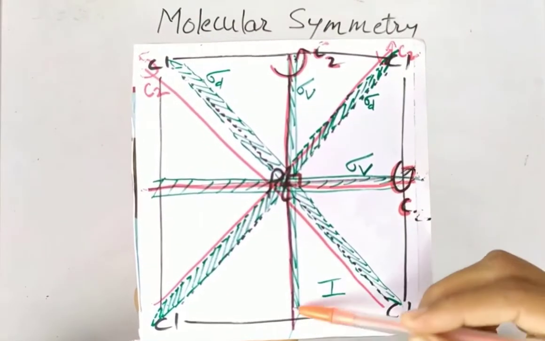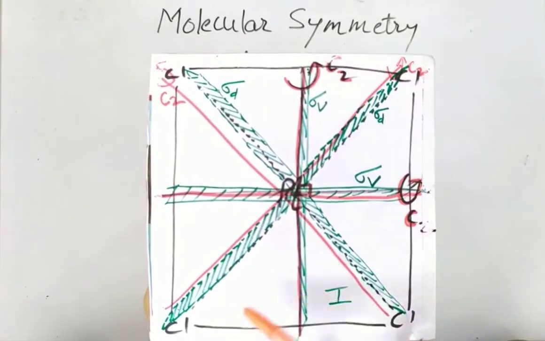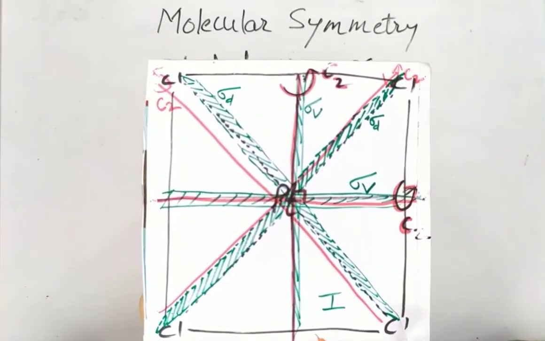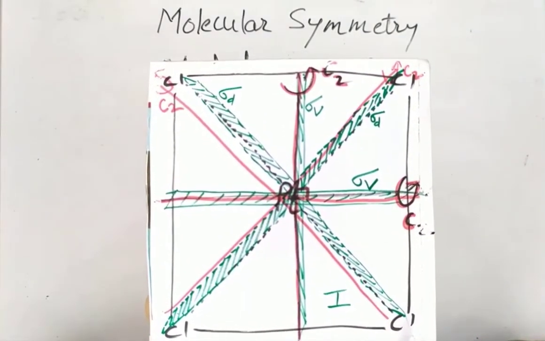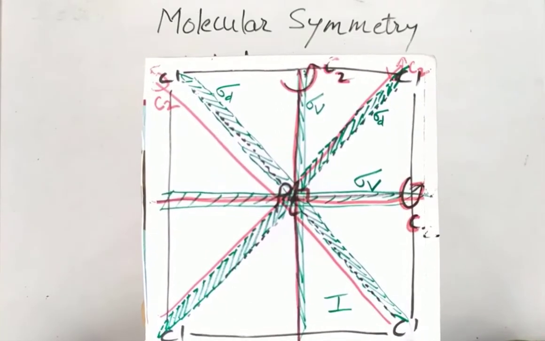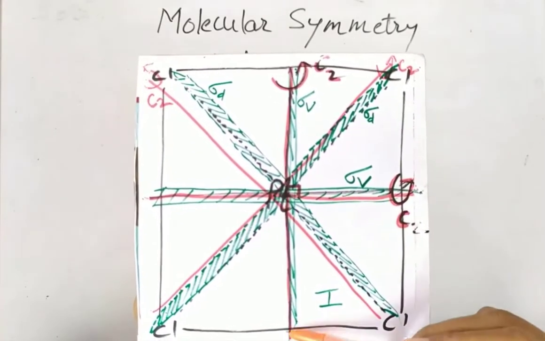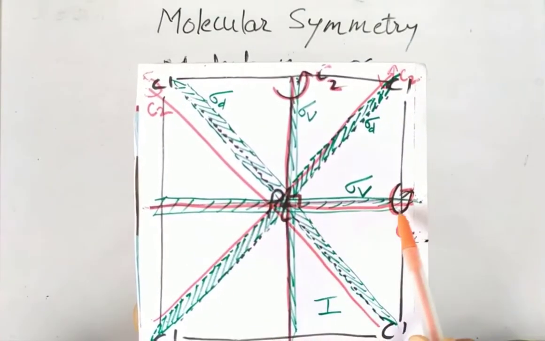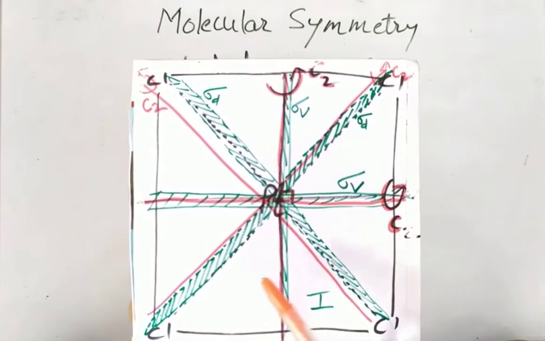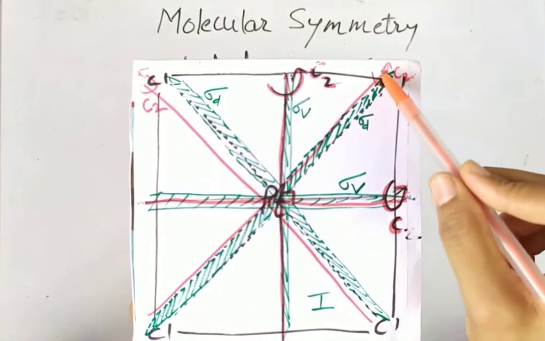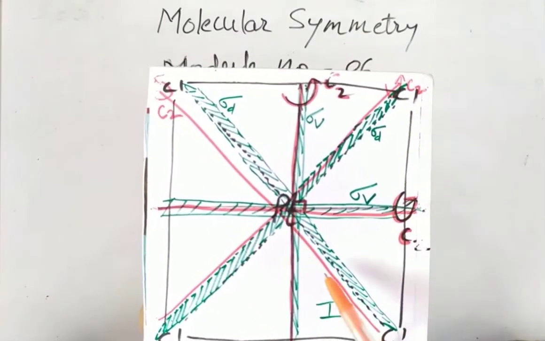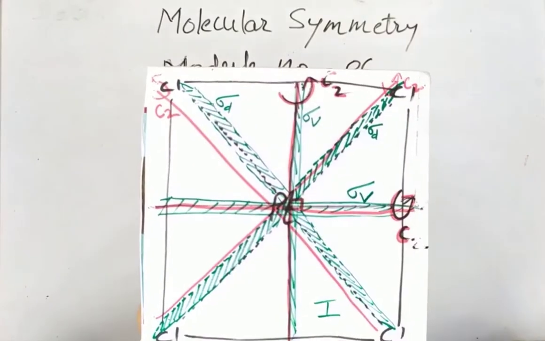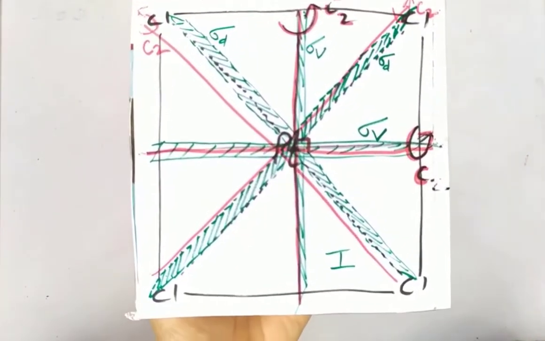See, by using red lines I have drawn all the C2 axes. We know a line axis is indicated by a single line. So this is the first line, first C2, second line, second C2, third red line, third C2, fourth red line, fourth C2. If you have forgotten, I will revise again.